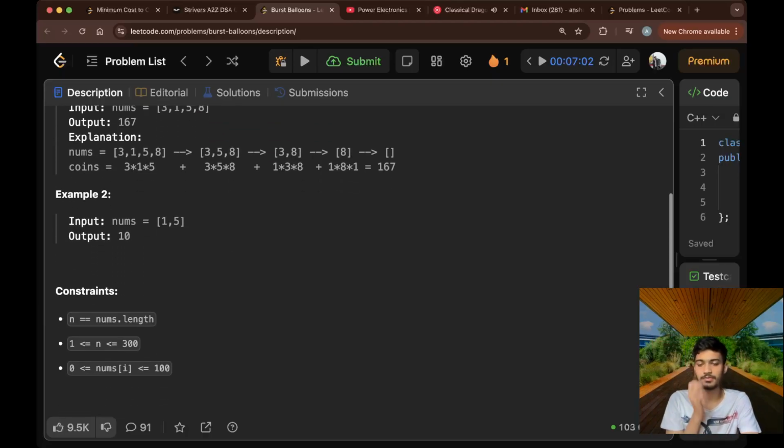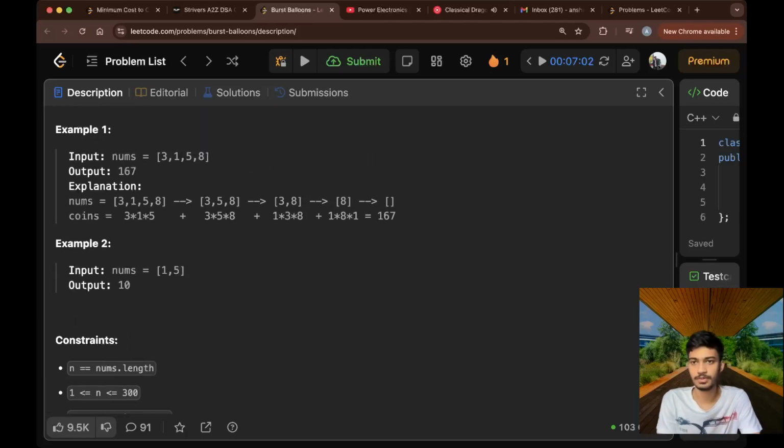Obviously, this is a DP problem, but like up to burst here, here, here, here, and the coins we have to add. But there is a problem. Obviously, we're going to add it by recursively calling it.